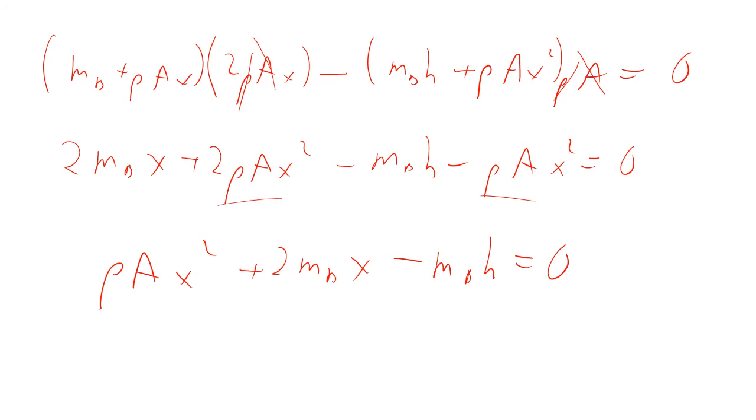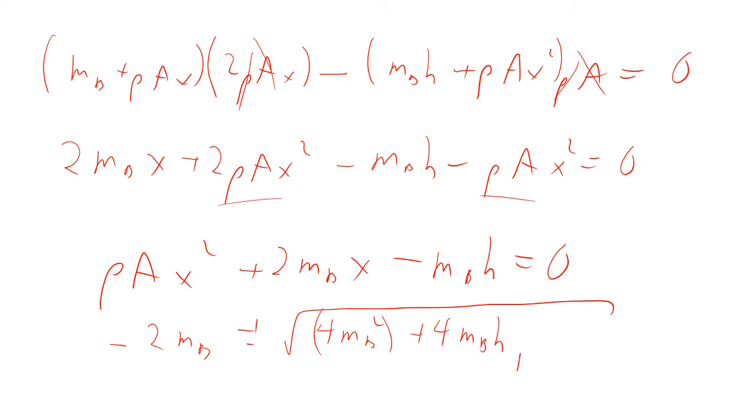All right. So all we have to do is use the quadratic formula. So x equals minus 2 m_b plus or minus the square root of 4 m_b squared plus 4 m_b h rho a, divided by 2 rho a.